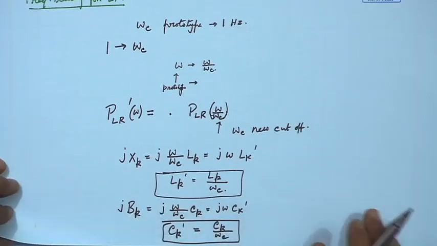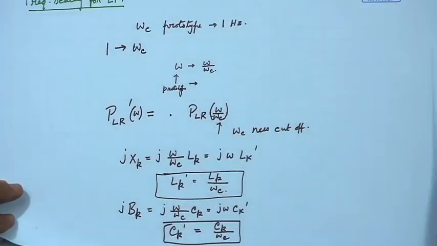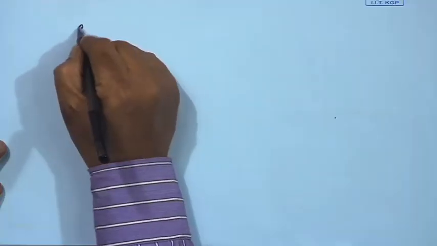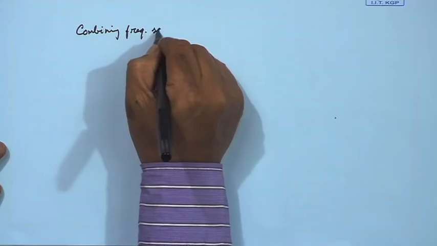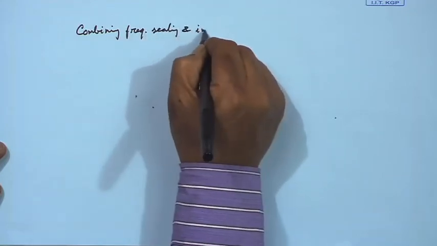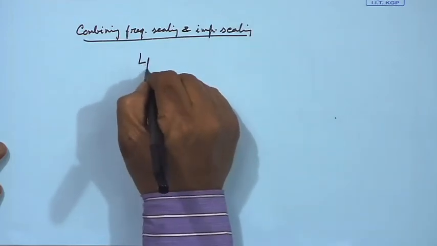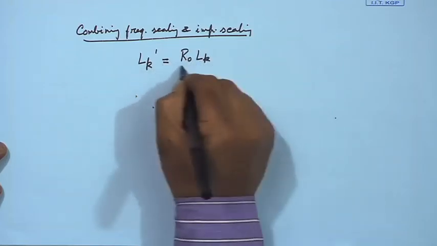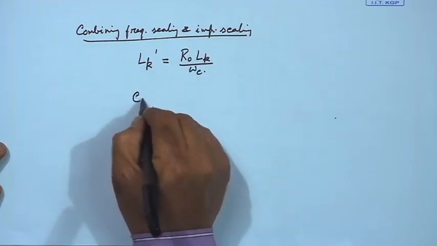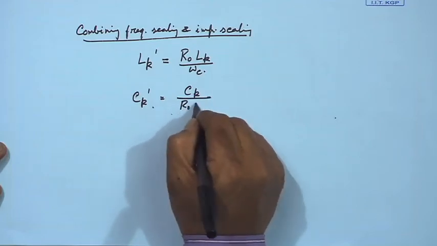Now, when we combine the impedance scaling as well as the frequency scaling, we get LK dashed is R0 LK by omega c, and Ck dashed is equal to Ck by R0 omega c.